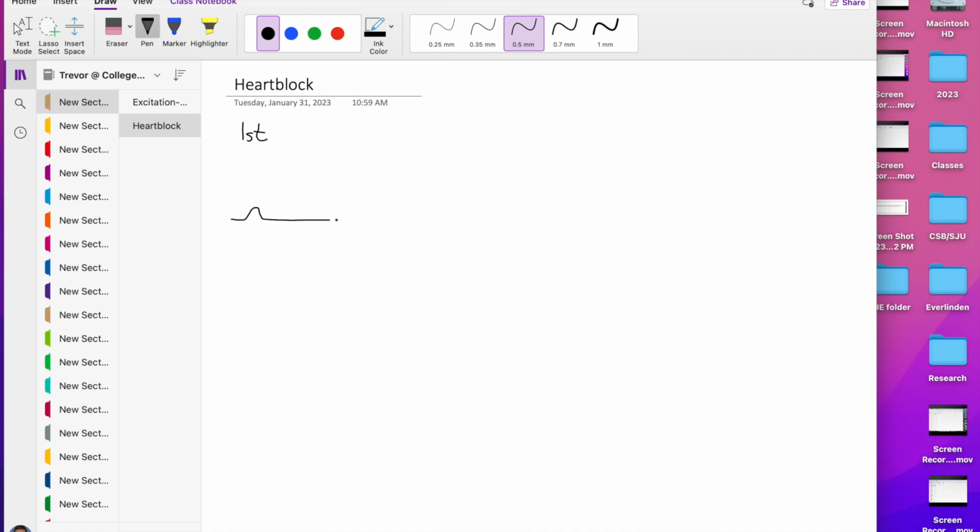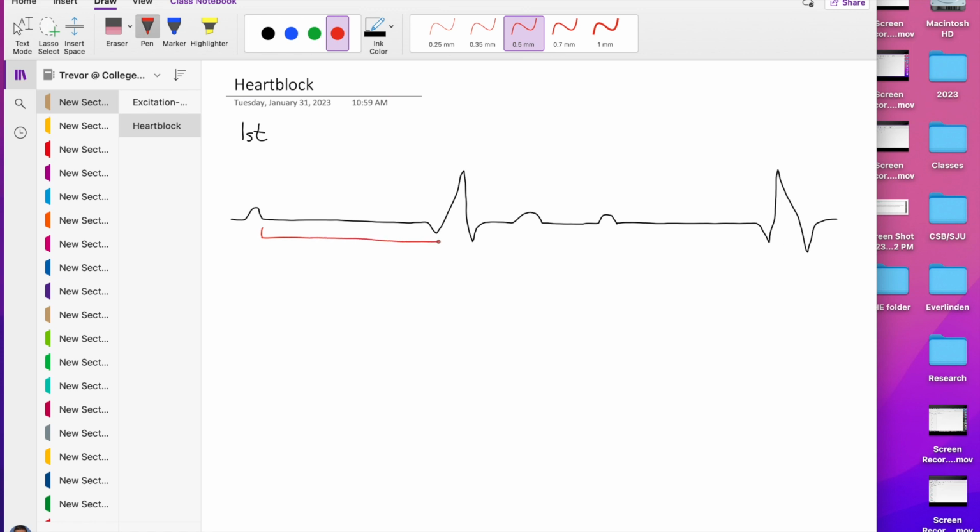You've got your P wave, long interval, Q, R, S, T wave, P wave, long interval, Q, R, S. So this one is characterized by this long PR segment, which indicates a long AV node delay.